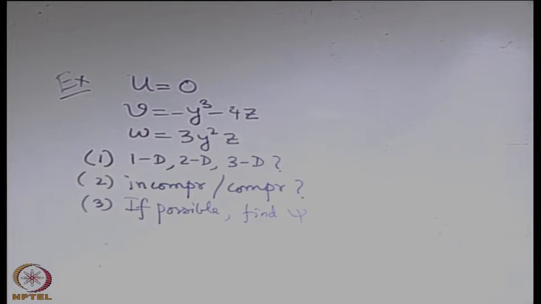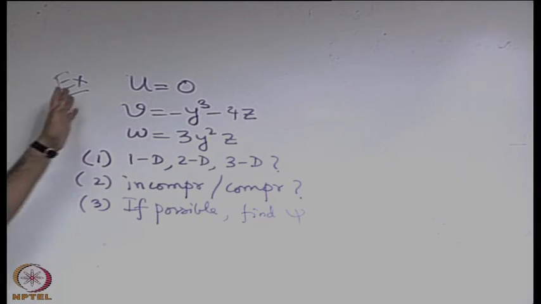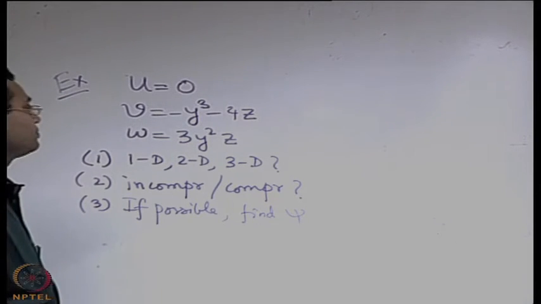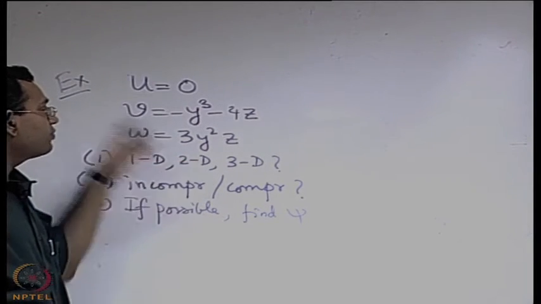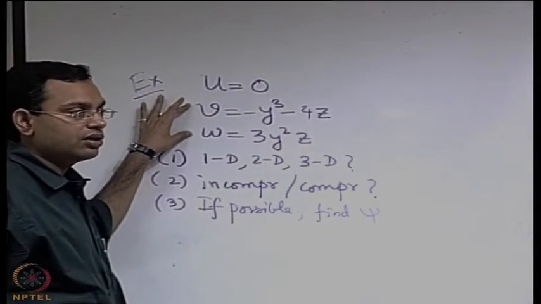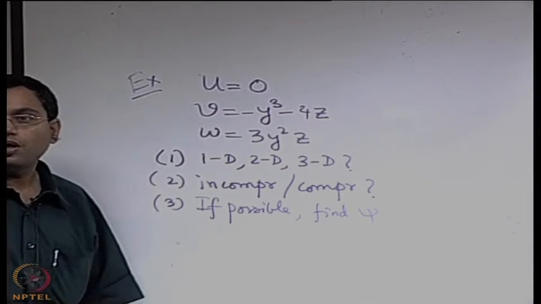So if that stream function is defined, then only find out the stream function. That is the whole idea of the problem. So let us try to work out this problem. So the first part, it is a 2-dimensional flow because it has 2 velocity components. Fine. Incompressible or compressible flow. So how will you test?